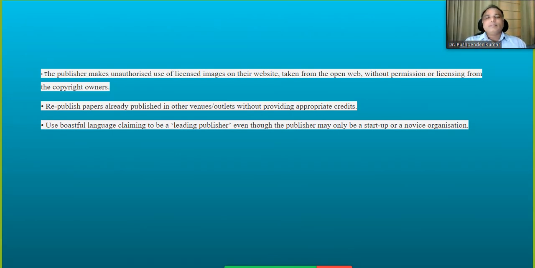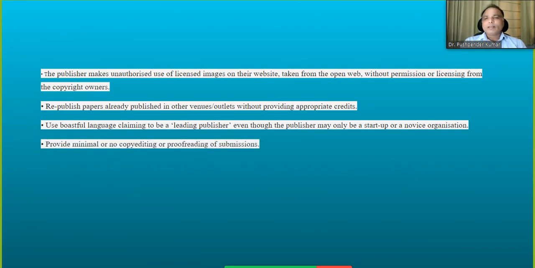If they say like this, believe me, if your journal is a good journal, they will not say that we are the leading publisher, we are number one, we are in the top 5. For that, we will discuss impact factor. On the basis of impact factor, you can say that they are number one.